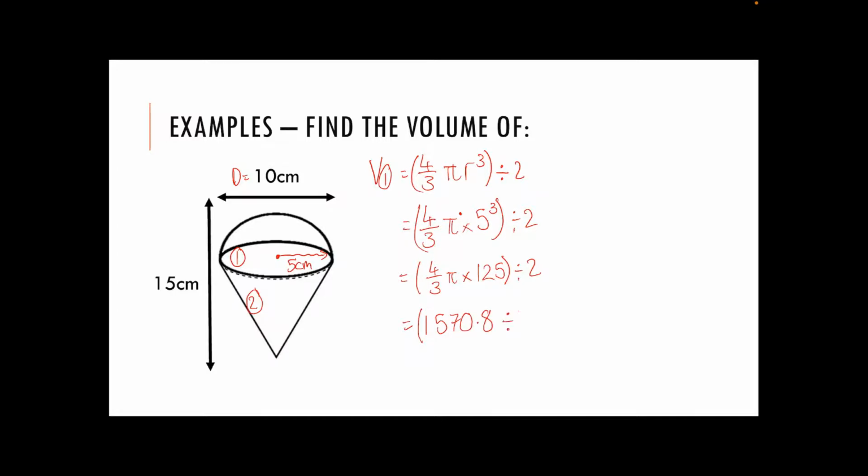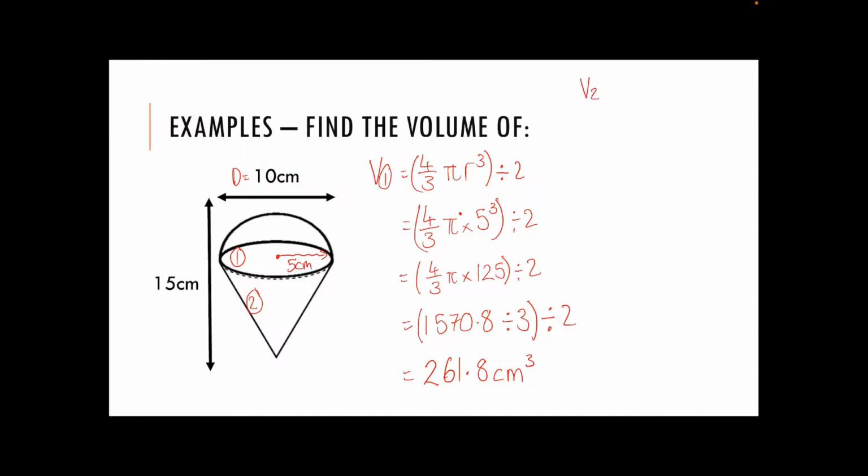But I'm still going to divide that by 3, and then we're halving the full thing to get our hemisphere. So I'm going to divide that number by 3, and then divide that answer by 2, and I end up with 261.8 as my answer. For volume, we always need to add in our units, so I'm going to have centimetres cubed.